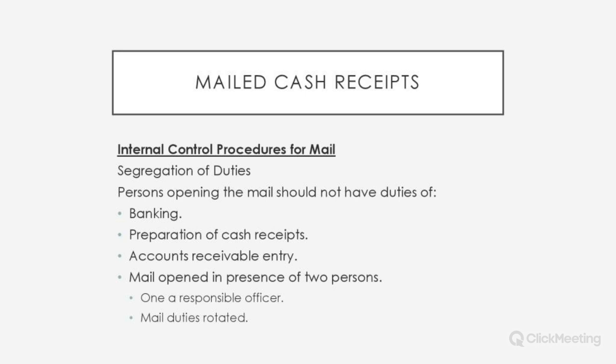They should not have duties of preparation of cash receipts or accounts receivable entry, because if they have the responsibility of receiving the mail and also recording accounts receivable data, then they can manipulate that data. Mail should be opened in the presence of 2 people, one a responsible officer and the other who has mail duties, which should be rotated frequently. So these are some internal controls related to segregation of duties for cash receipts in mail.